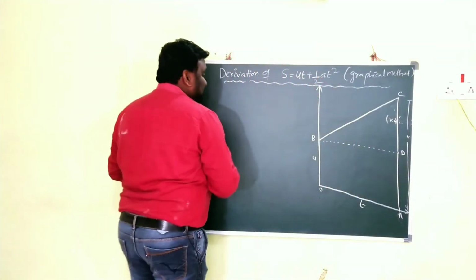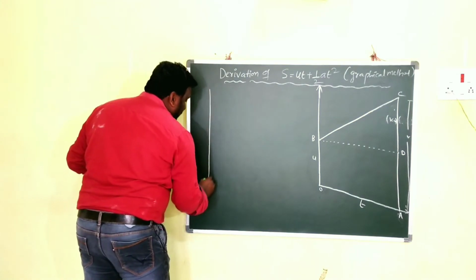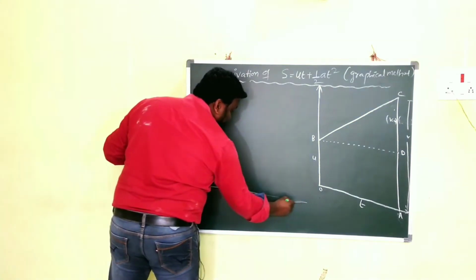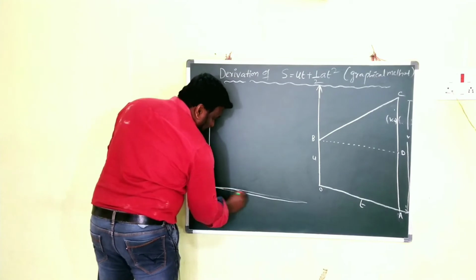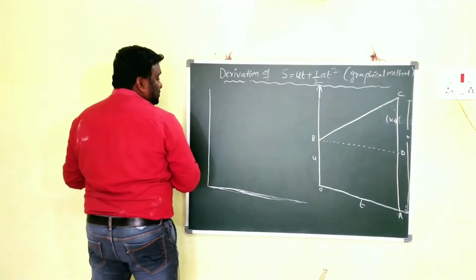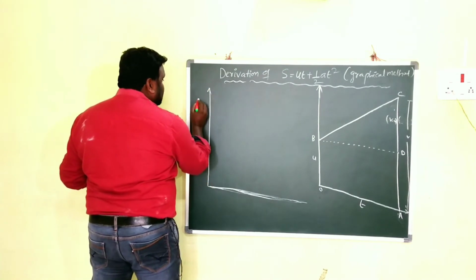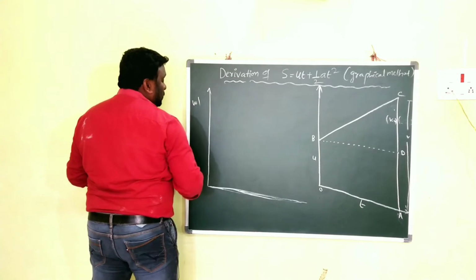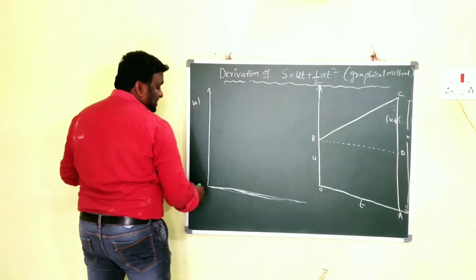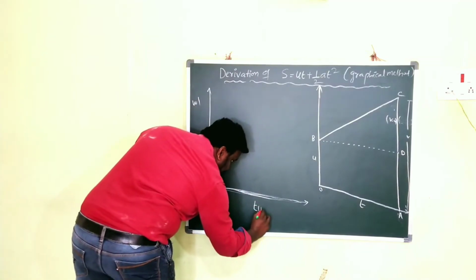To understand that, I will draw it here. We already know that the velocity-time graph always gives the acceleration. So here, we are taking the velocity on the y-axis, and time on the x-axis.